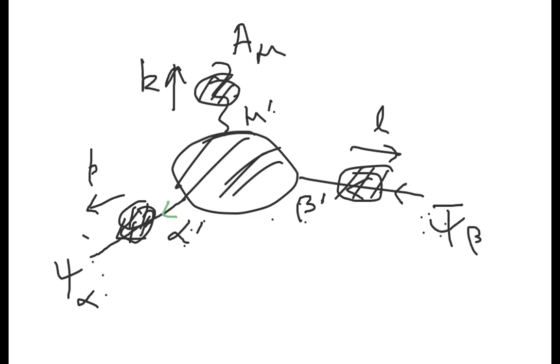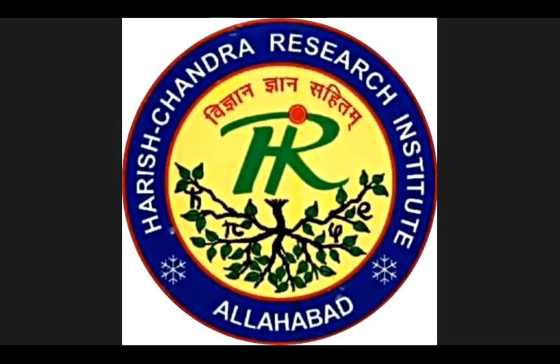And minus L, because L is flowing towards outside. In our definition, momentum always flows outwards. But here the momentum is flowing opposite the arrow. So this is G F beta prime beta of minus L. And that's what I have written here. Let me go back and show you the expression.